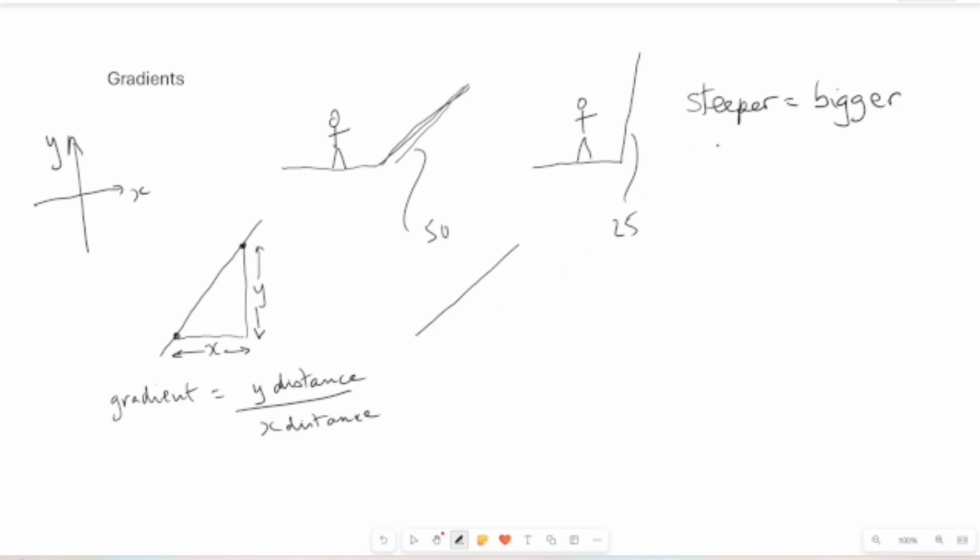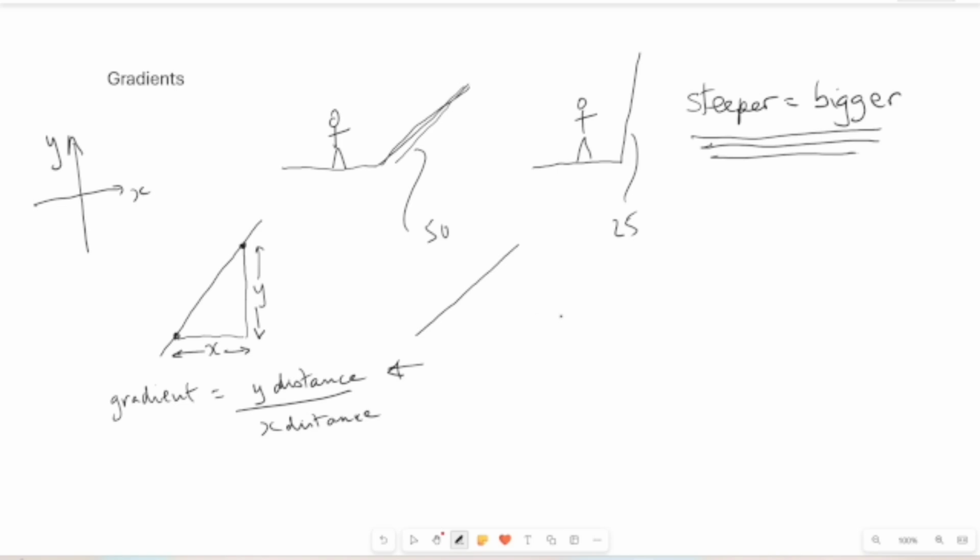Now this fits with our steeper being a bigger number, because if it's steeper, the y dimension, which is on the top of this fraction, will be bigger, and you'll end up with a bigger number.